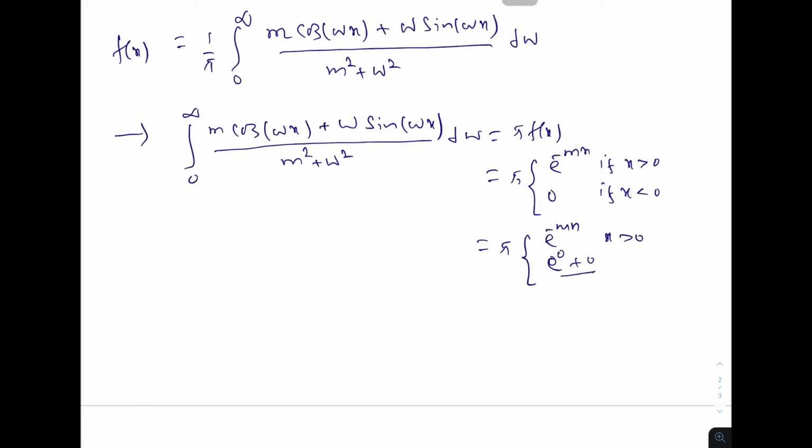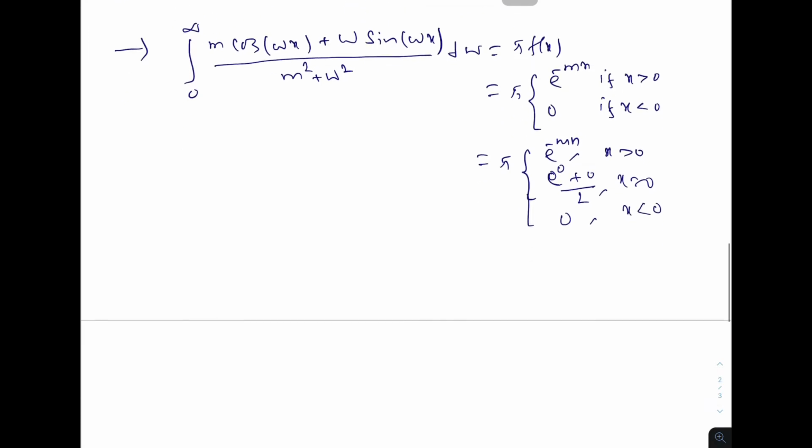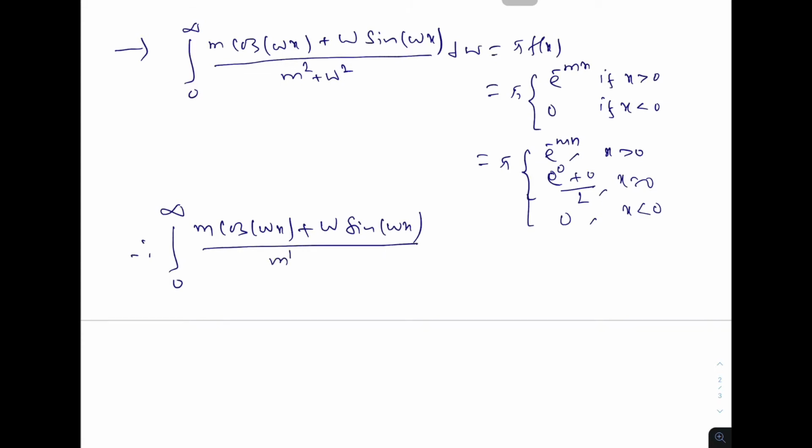So therefore integration 0 to infinity of (m cosine omega x plus omega sine omega x) over (m square plus omega square) d omega equals pi e power minus mx if x is greater than 0.